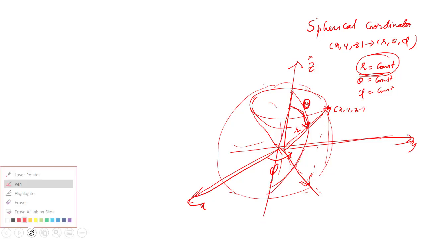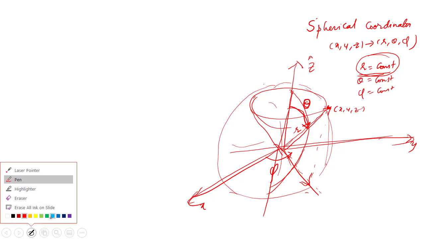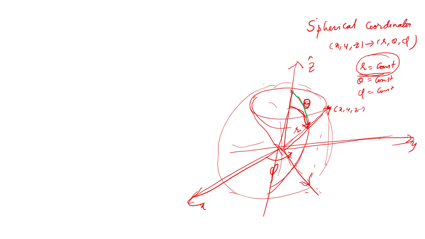Let me use another color so that you can more clearly see. This half plane along the z-axis is the surface for phi equal to constant, and theta equal to constant, let me show that in blue, would be a cone. So instead of the flat x, y, z surfaces, now we are going to look at these three surfaces.